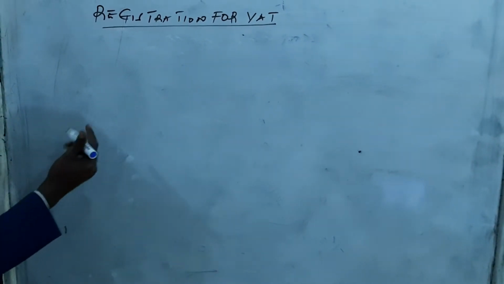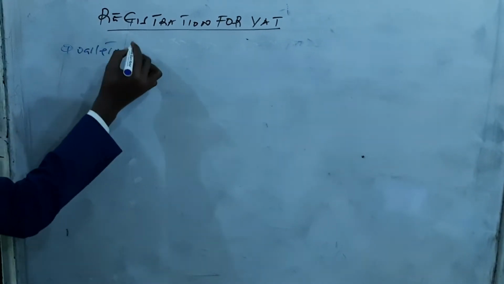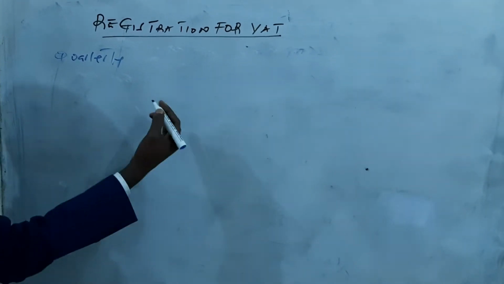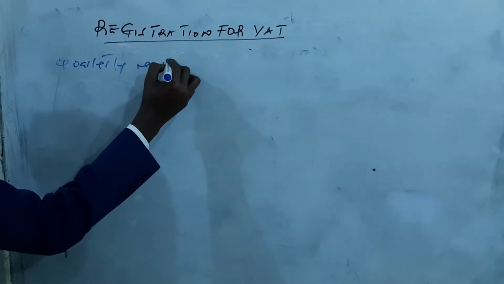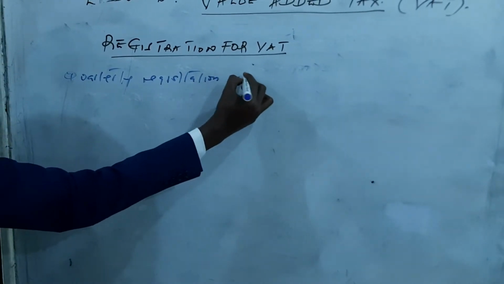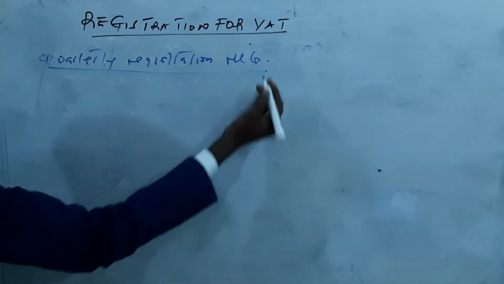According to the quarterly rule, let us first look at when Ndwayes will pay the VAT. Quarterly registration rule of 5 million, as I have said.